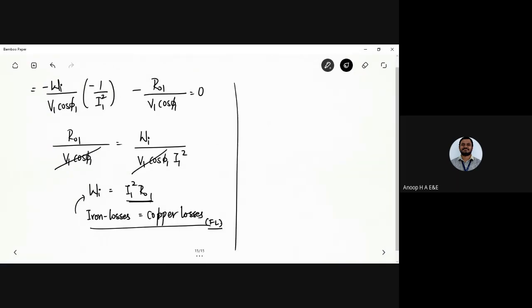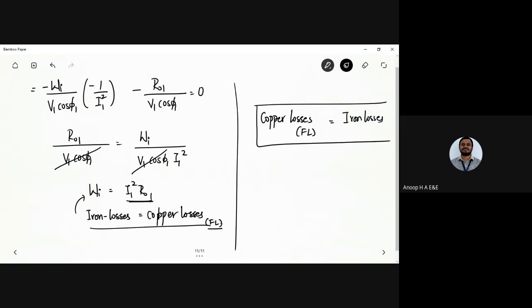Now this copper losses is the variable one. So once this copper losses is equal to iron losses, then I can say it to be the condition for maximum efficiency. Condition for maximum efficiency. Got it?